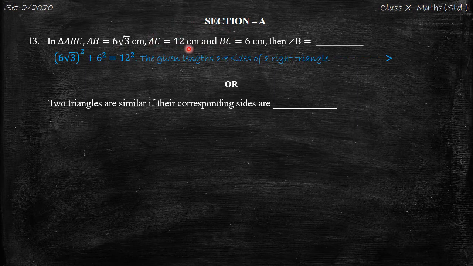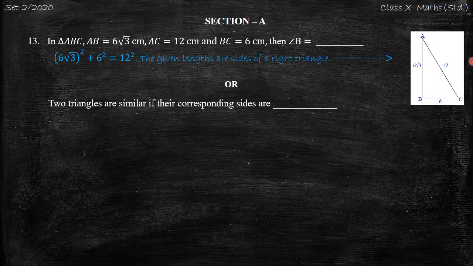So the lengths are the sides of a right triangle, which you can see from the figure. It is half of an equilateral triangle, so you know that the angles are 30, 60 and 90. So angle B is 90.